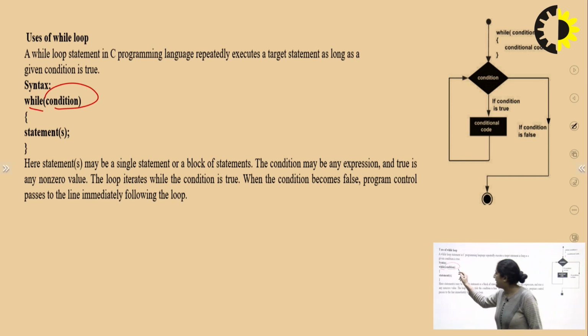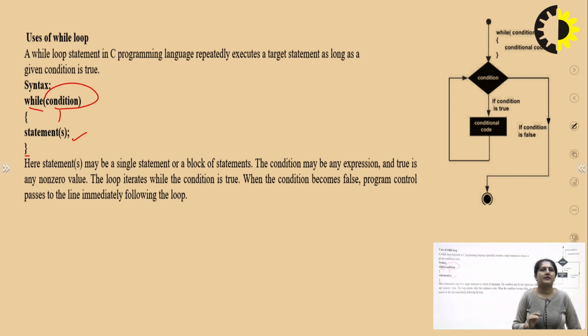If the condition is true, then it will come inside this loop and execute the respective statements. If it is false, it will not come into this loop, and it will go here and execute whatever statement is after it. So what is the flow chart?